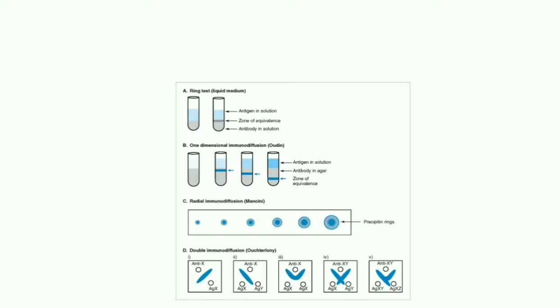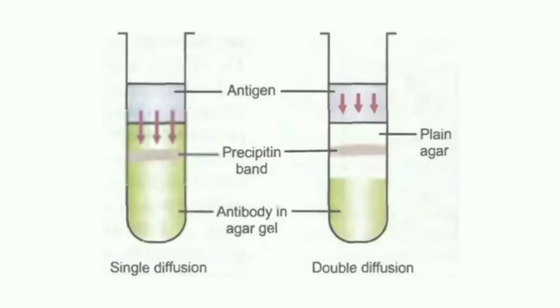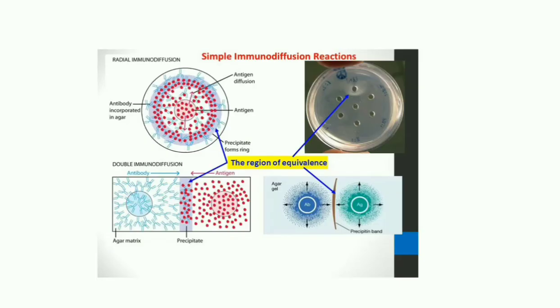The diameter of this halo is proportional to the concentration of antigen. If you increase the concentration of antigen, a bigger halo will be formed. We have a beautiful picture. Here you can understand that the halo is formed.